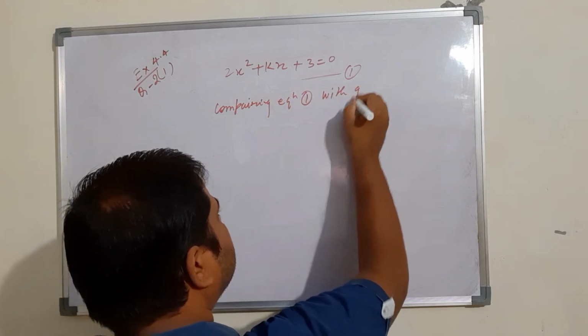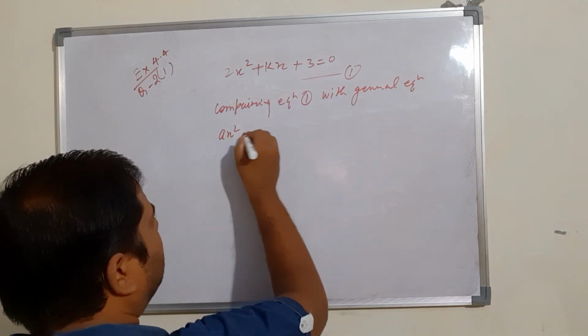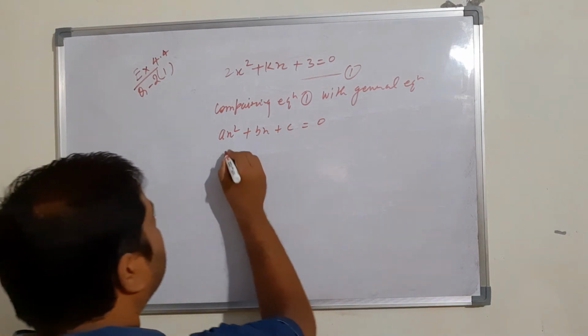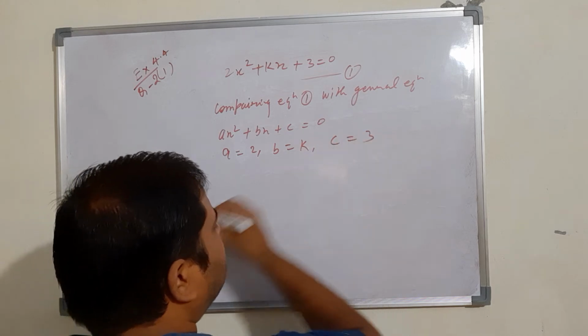with the general equation ax square plus bx plus c is equal to 0, we have a is equal to 2, b is equal to k and c is equal to 3.